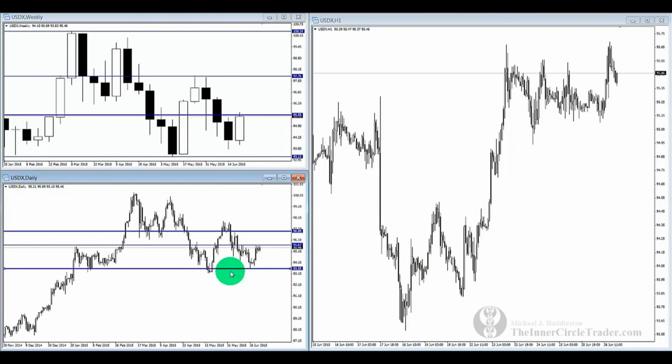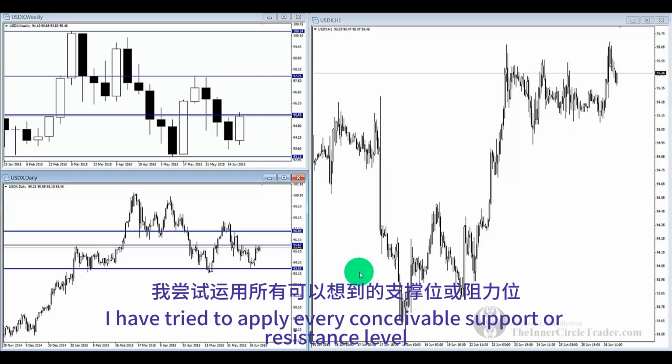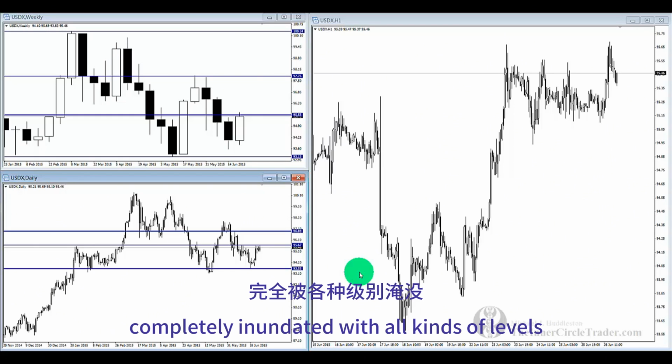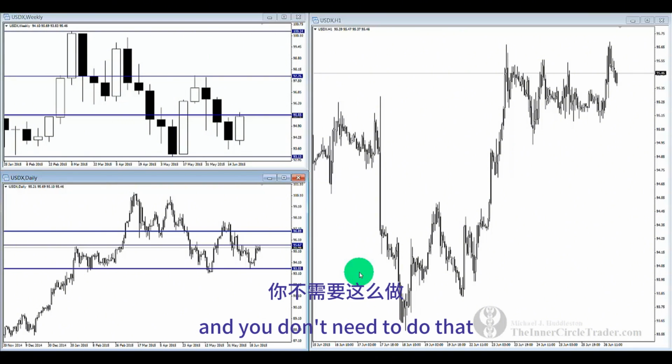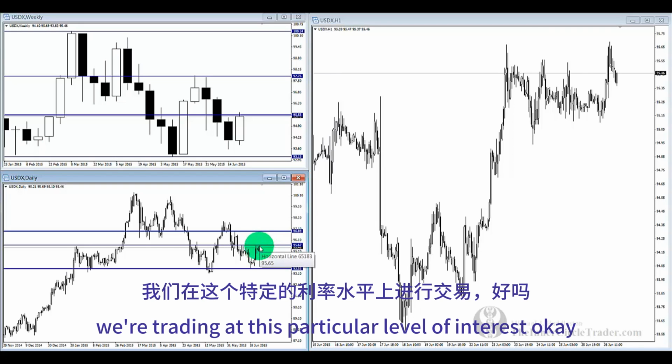Now, some of the traders that I have mentored over the years have tried to apply every conceivable support or resistance level at their disposal, and they'll have their charts completely inundated with all kinds of levels, and you don't need to do that. As we trade, like for instance right now we're trading at this particular level of interest.